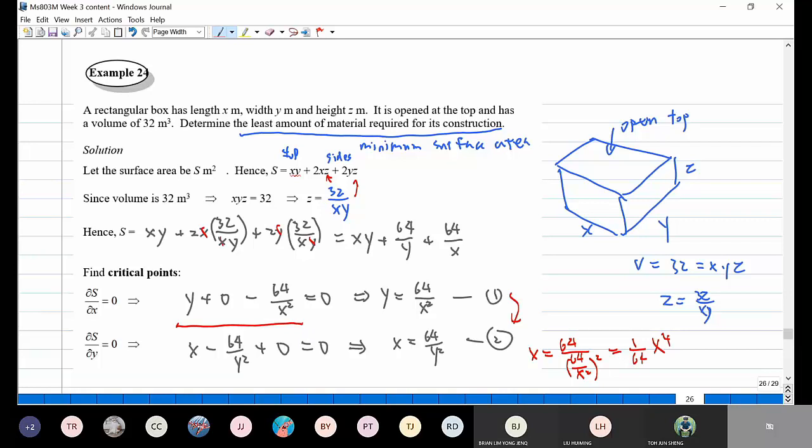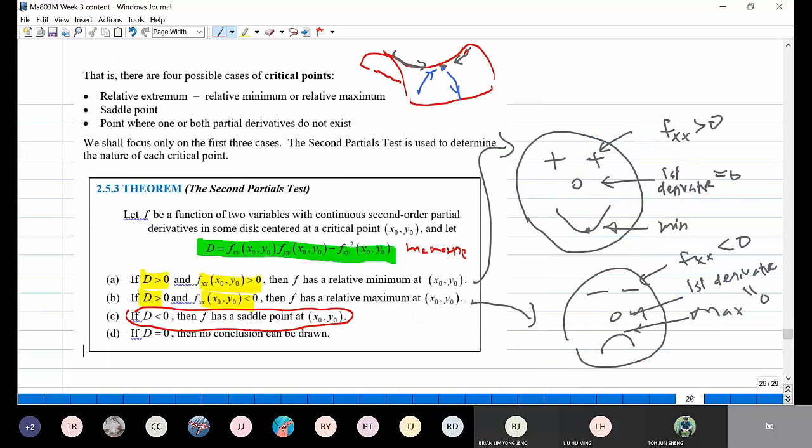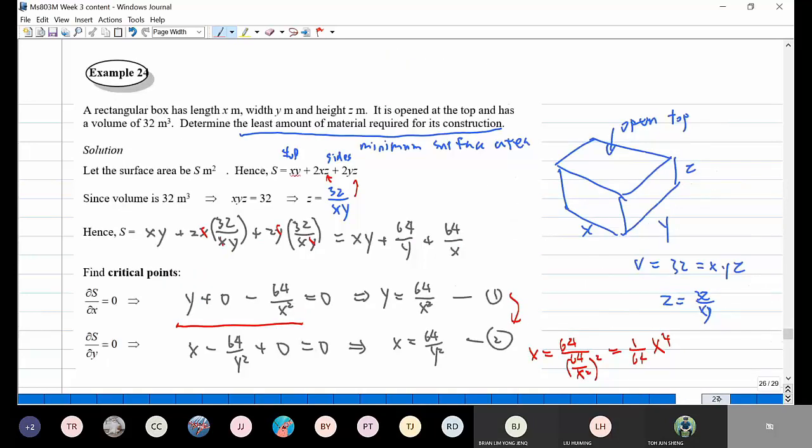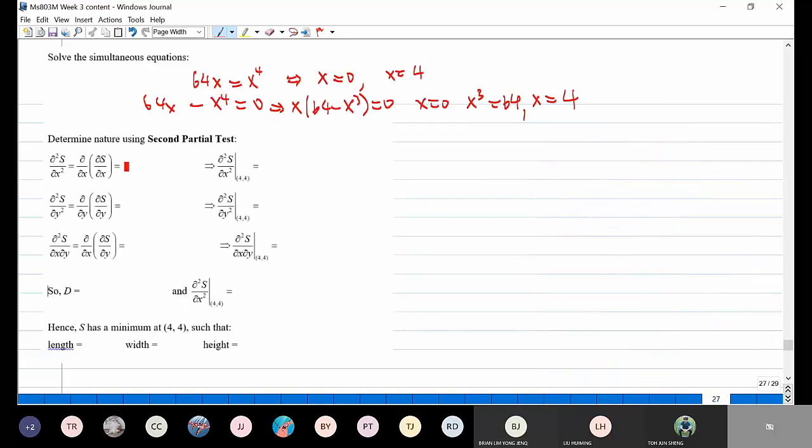So you get minus 64 over x squared, differentiating minus 64 over x squared, which is actually differentiating 1 over x to the minus 2.